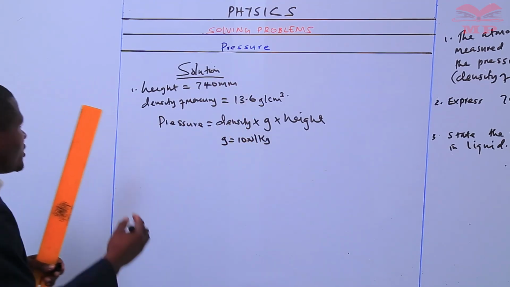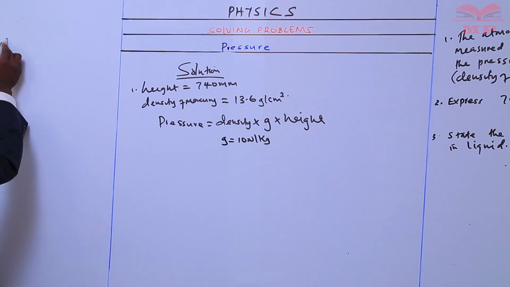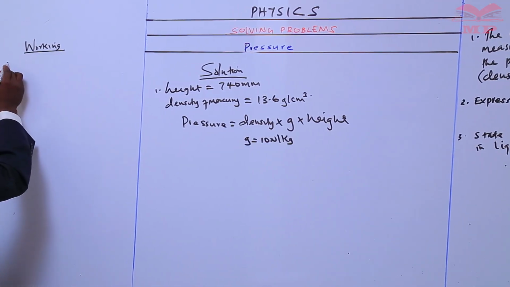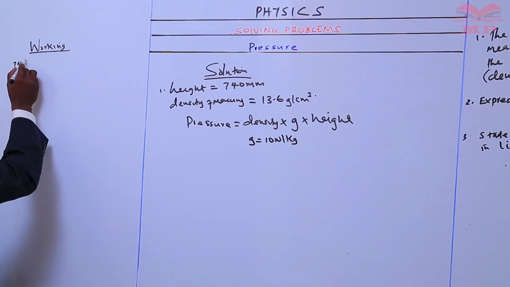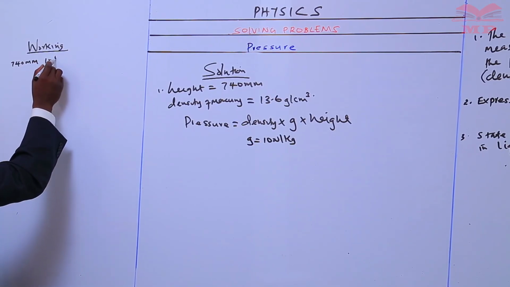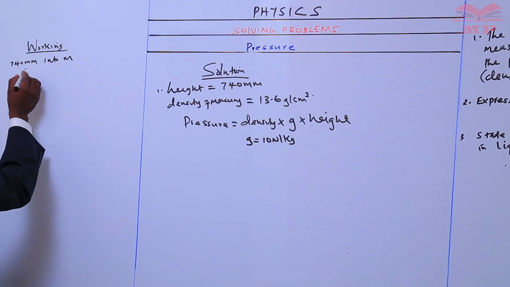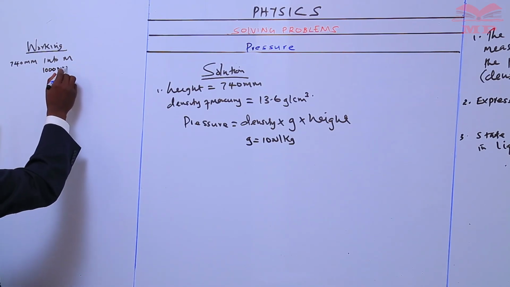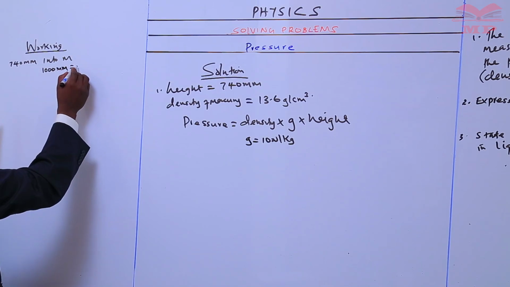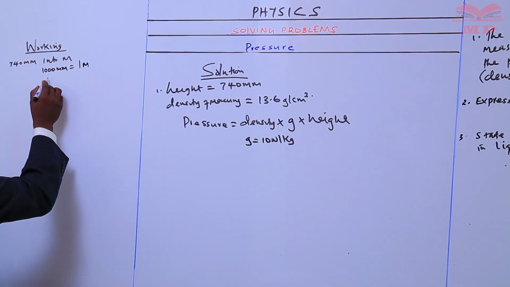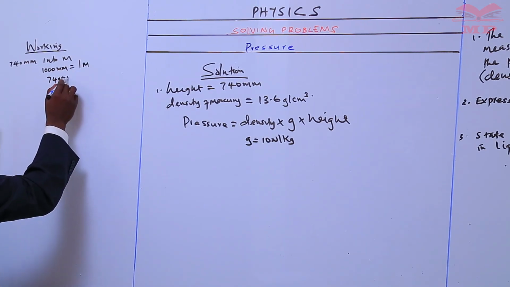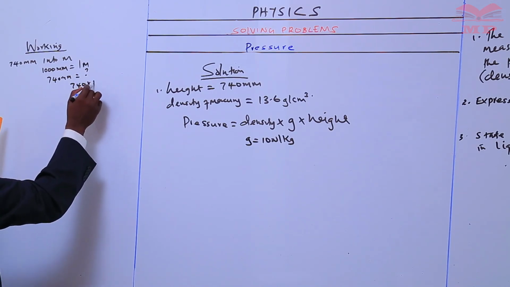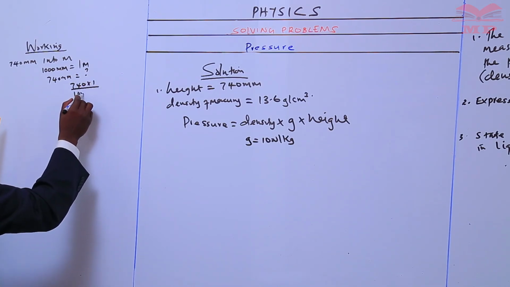So we have our working here. 740 millimeters into meters: 1000 millimeters is given by 1 meter, so we cross multiply 740 times 1 over 1000.